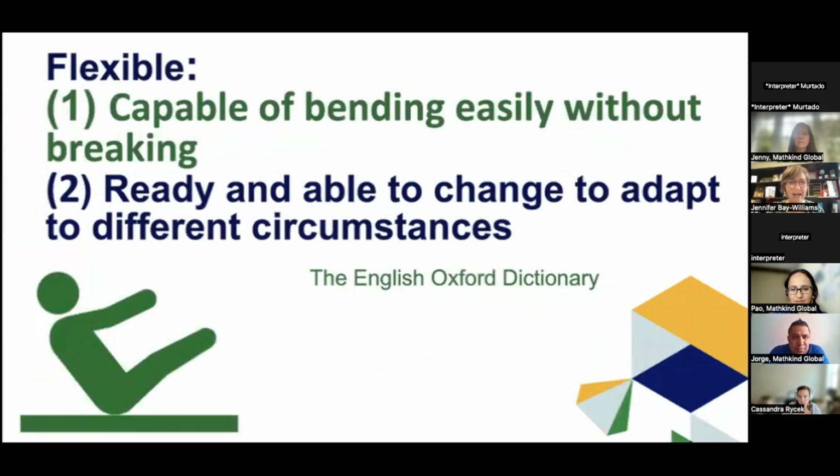And even just now, watching the team figure out how to get translation to work: lots of bending, no breaking. We just stick with it and figure things out. And ready and able to change to adapt to different circumstances. The second part of this definition is really critical in doing math, as you will see.